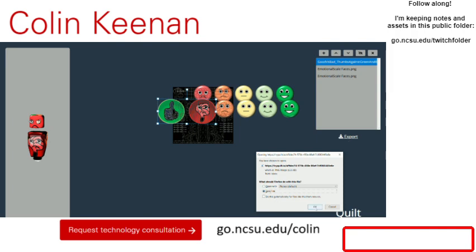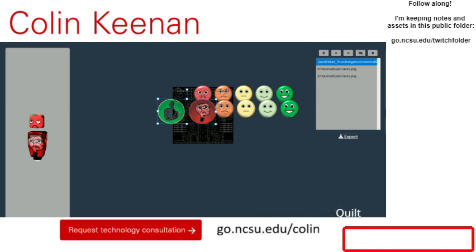So I'm going to save the file, and let's start a little collection here. Within our Twitch folder, I am going to make one called avatars. Let's call them motion avatars.